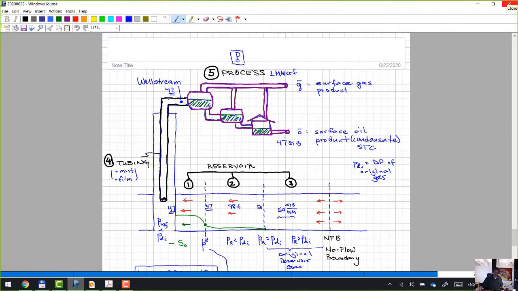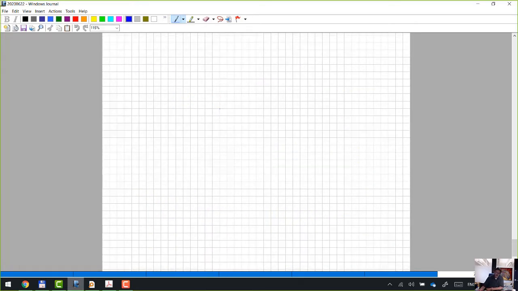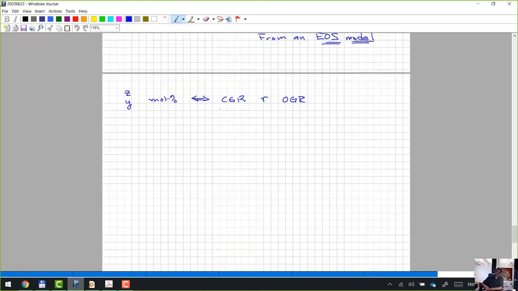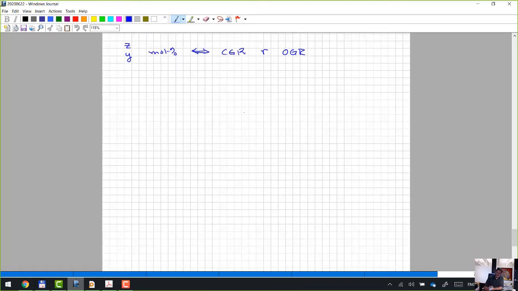So what we're going to do now is look at this process system and how it relates to an incoming well stream composition, and how that composition is processed into the two products, surface gas and surface oil.